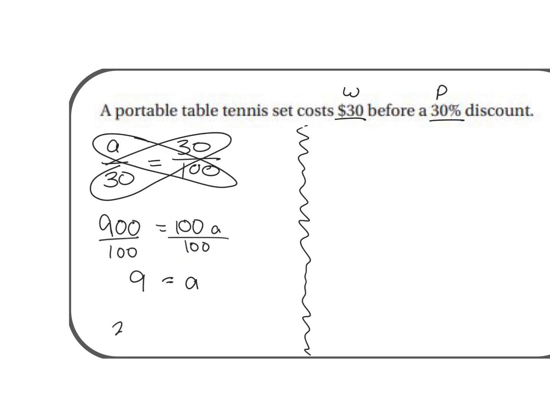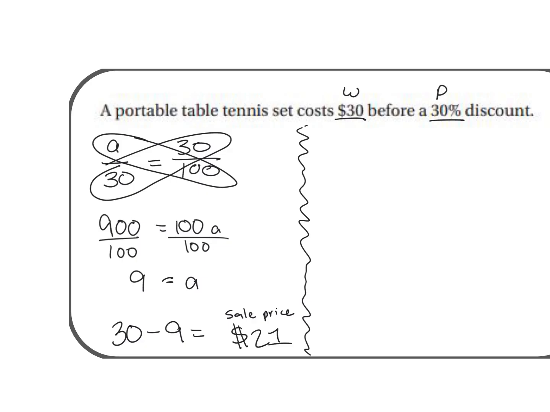So going back through, 30 minus 9 gives me a sale price of $21. Which makes sense, right? A 30% discount is less than half off. I shouldn't be at 15, right? 15 would be half off of 30. I need to be a little bit above that since I'm taking less than 50% off.